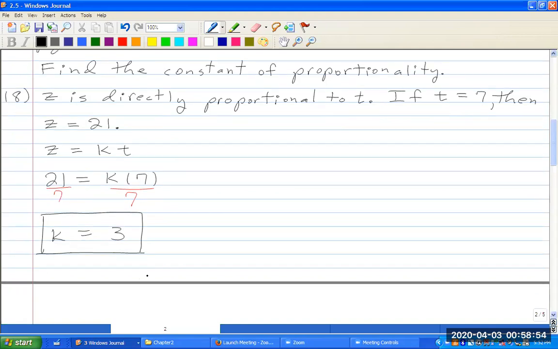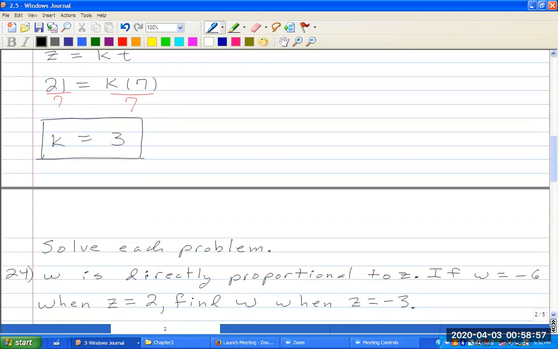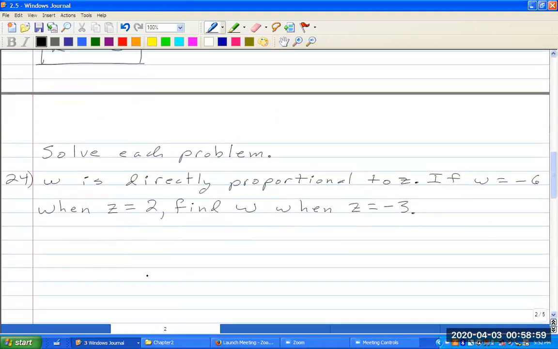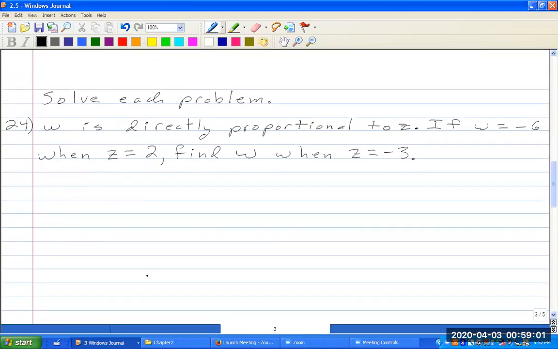Let me do problem number 24. Solve each problem. W is directly proportional to z.